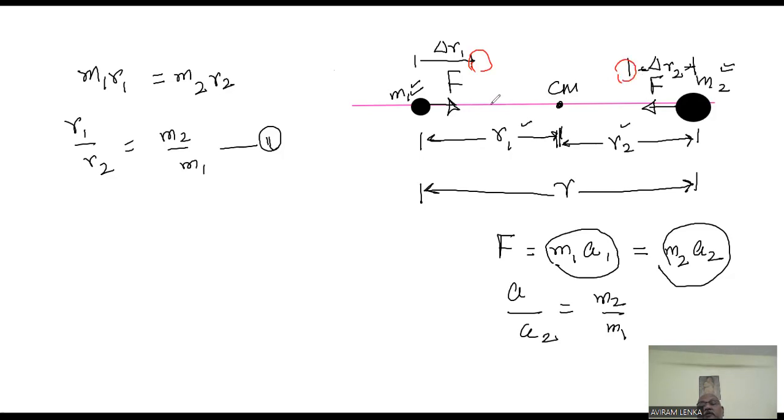Now, from the last class we have learned that if a system goes through a physical change, but the cause of the change is internal, then the center of mass doesn't change its original plan of motion. When we release the masses initially, M1 and M2 are held at rest.